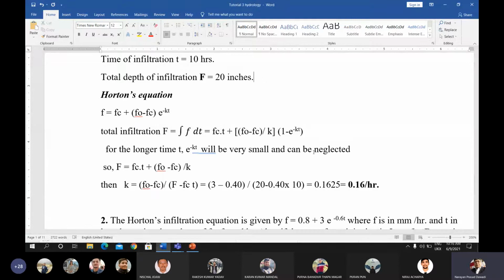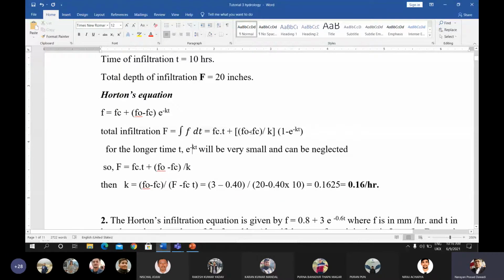When t is equal to 10 hours, for such a long duration, the e power minus kt value will be very, very small and can be neglected. For the longer time t, e power minus kt can be neglected.